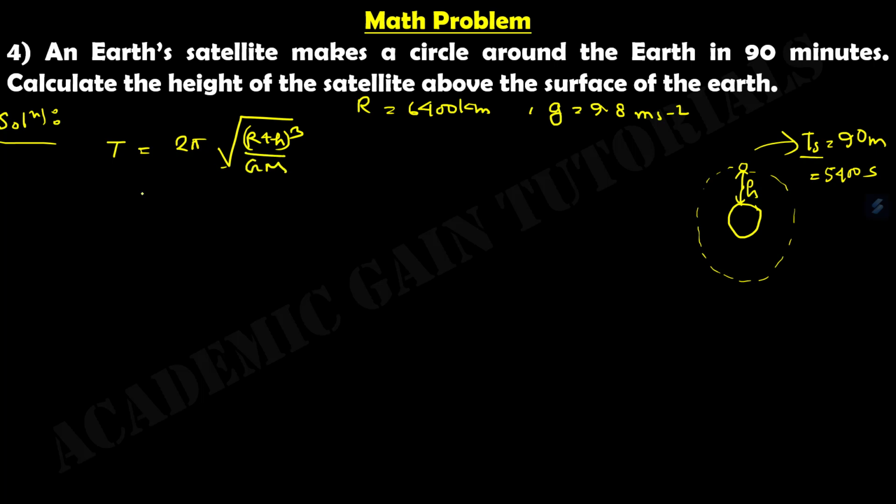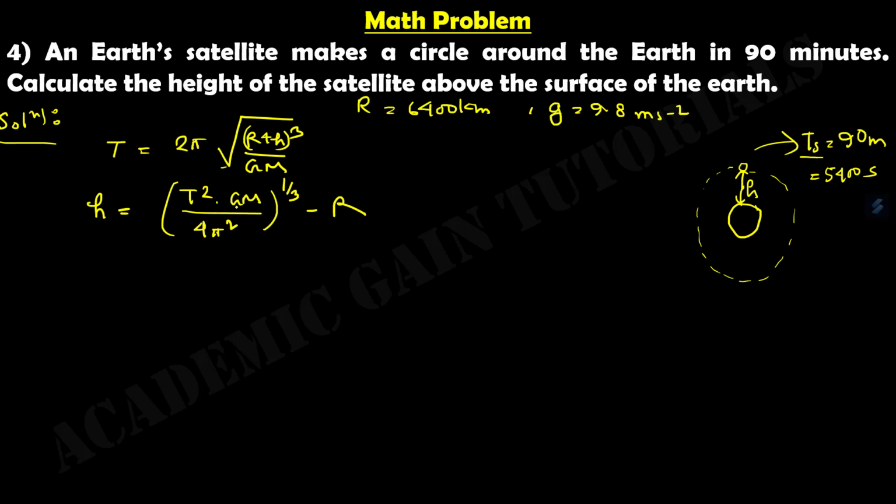So if I solve this equation for h, I get t square into GM divided by 4 pi square, whole to the power 1 by 3, minus r.